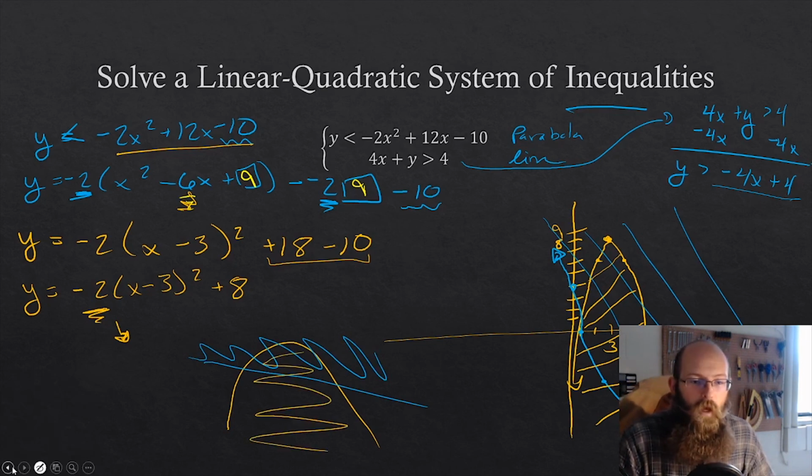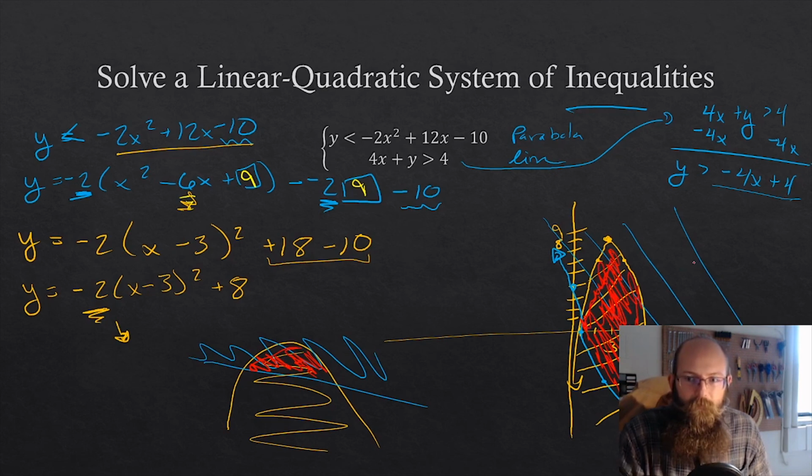Where do they both overlap? Well, that's what I'm going to do now, double in red. Blue and pumpkin spice are right here. This is my area, right here. I'm bounded on top by my parabola, and I'm bounded on bottom by my line. So that is what my graph will look like, okay?